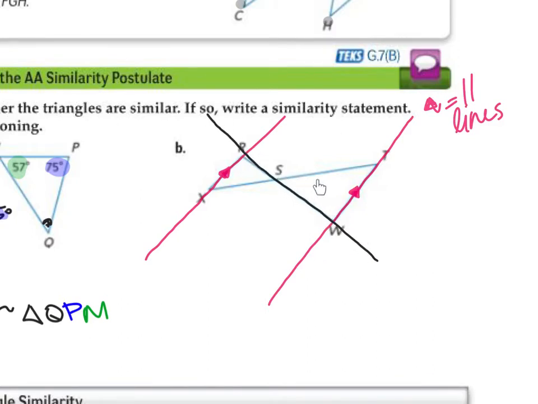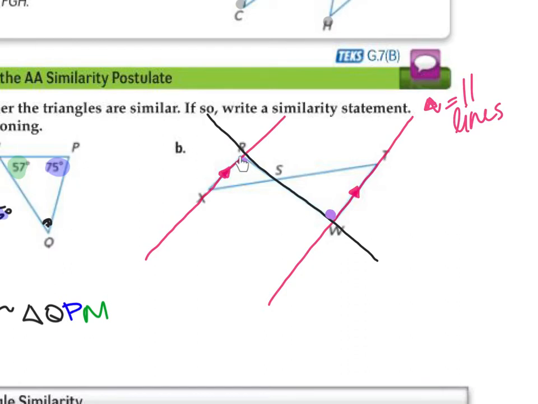I'm going to look at the interior angles of my triangle and see how they correspond to this transversal or these parallel lines. We think outside the box a little bit in this aspect. I see here angle R lies along this transversal and it's inside of my parallel lines. Angle W also lies inside my parallel lines.